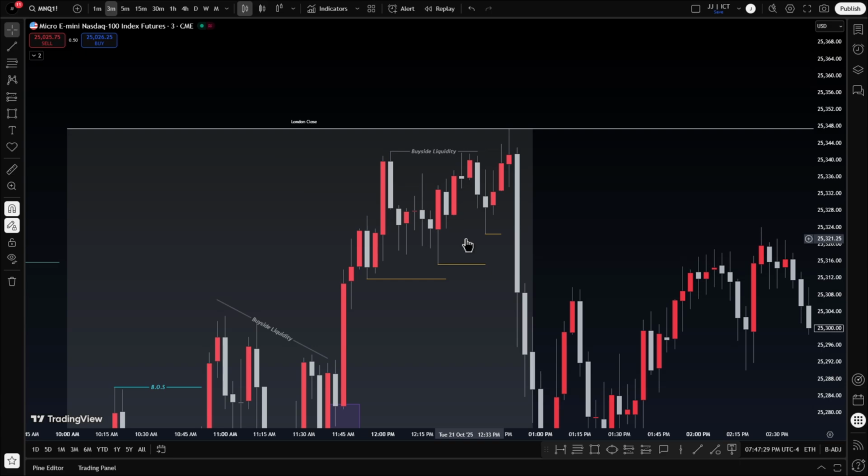Even if you do get that confirmation, still say might, because price is fractal and it changes constantly. So I'm going to say this again. It's not what price should do, it's what price wants to do. Remember that.